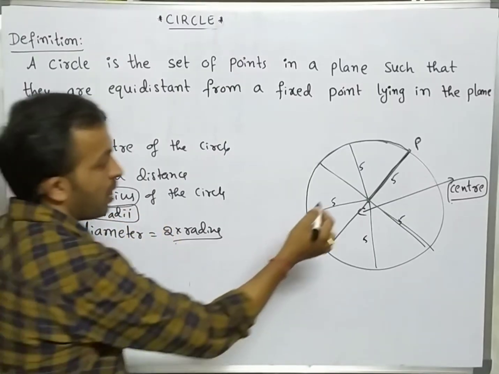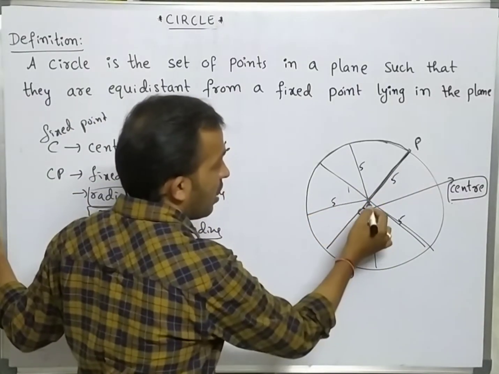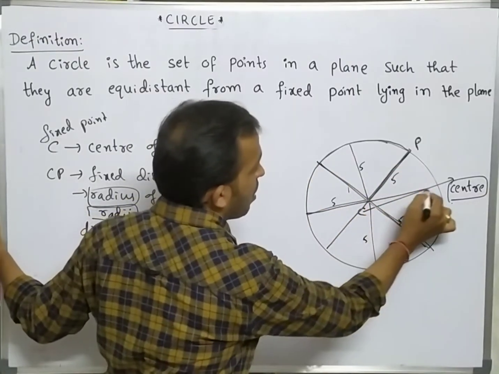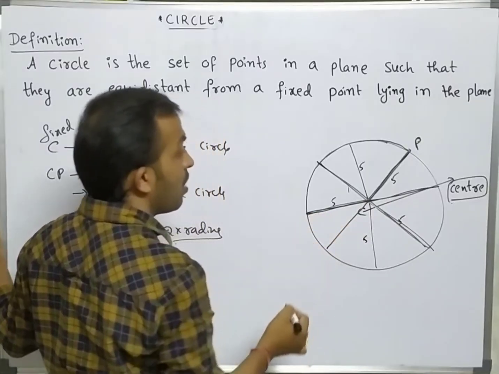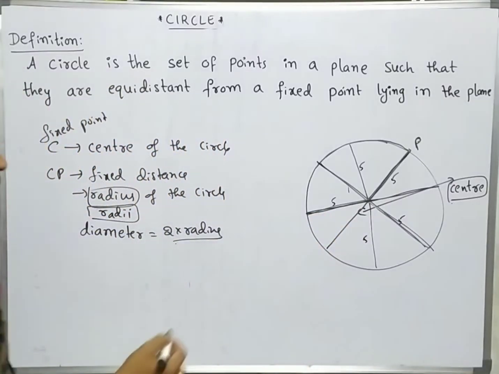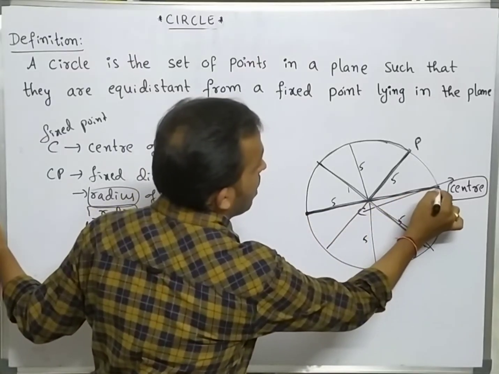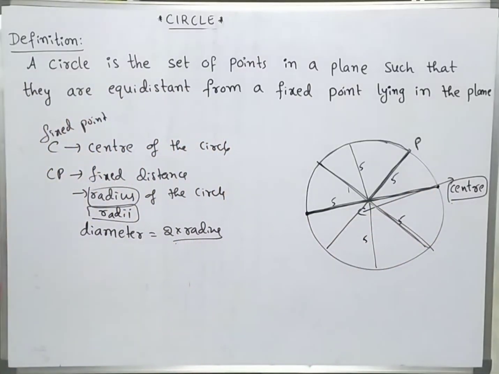We can draw infinite radii and an infinite number of diameters. Diameter is the line segment passing through the center, the biggest chord of the circle.